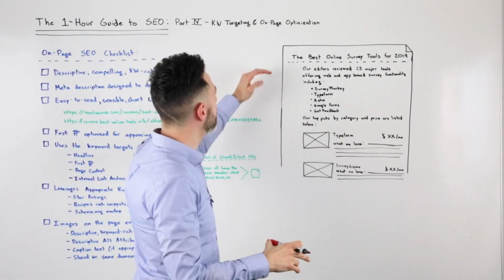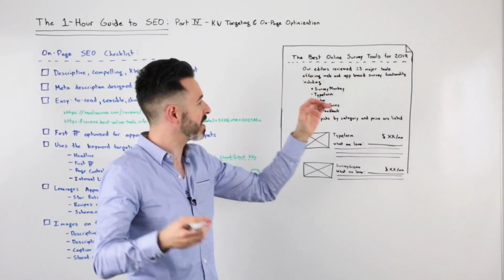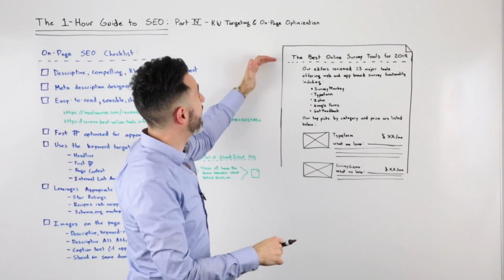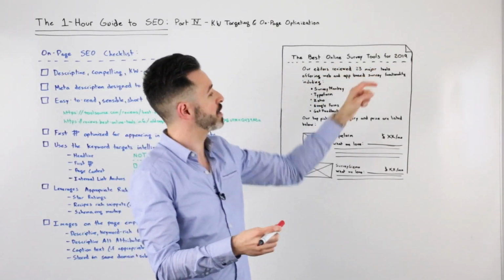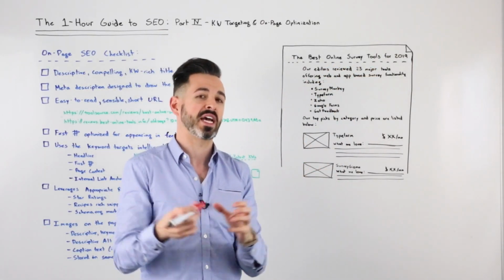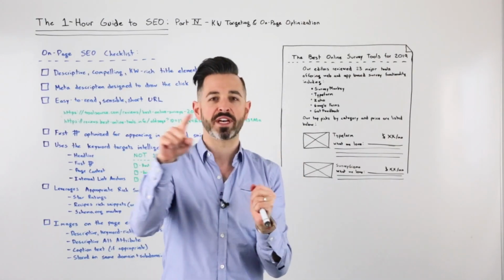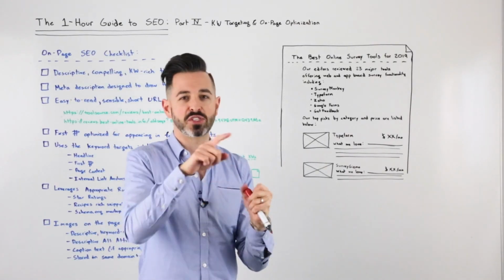So for example, if I am a tool website like toolsource.com, I made that domain up, I assume it's registered to somebody, and I want to rank for the best online survey tools, well, best online survey tools for 2019 is a great title tag. And it's very different from best online survey tools, best online survey software, best online survey software 2019, best survey software.